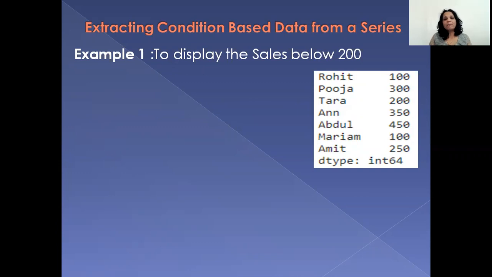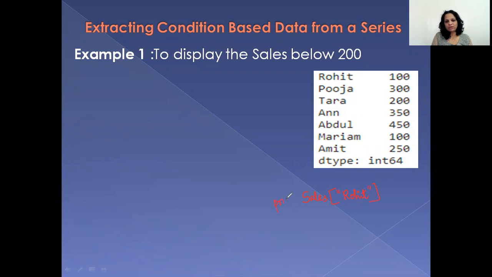Let me come back to how we accessed elements using labeled or positional index. We would write the name of the series, and in quotes, we would give the label.